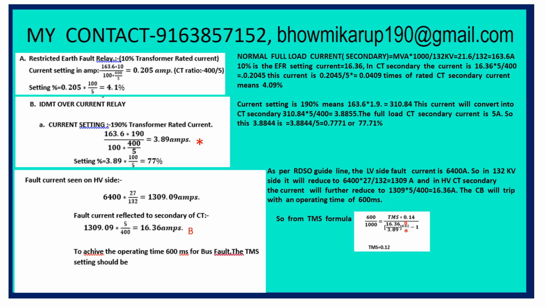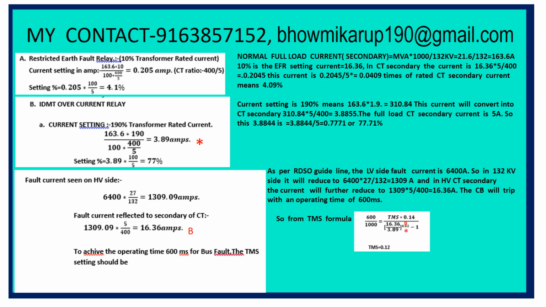As the MVA is fixed, when the primary voltage is more, the current will reduce. So you multiply 6400 with 27 and divide it by 132, because it will reduce. So 27 will be on the top and 132 at the bottom. It is coming around 1309 ampere. So the maximum fault current is 1309 ampere on the 132 kV side.